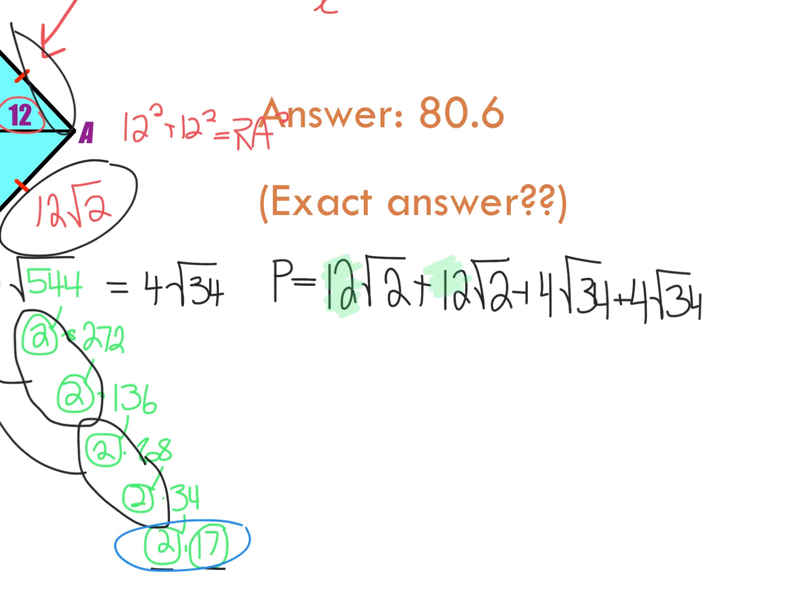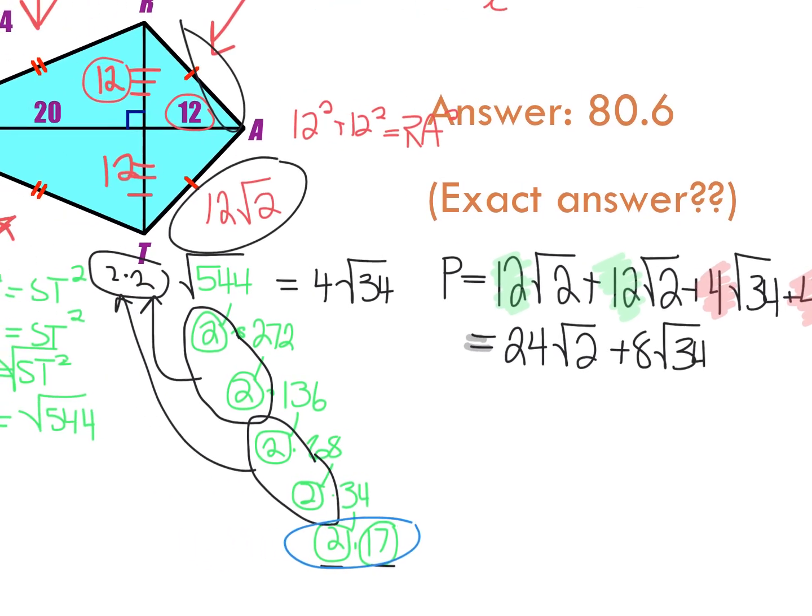So I could combine 12 root 2 with 12 root 2, and I would only add their coefficients. It's kind of like terms. I could only add coefficients. It's going to be 24 square roots of 2, and then I do the same thing for the radicals of 34. So 4 root 34 plus 4 root 34 is going to equal 8 root 34.